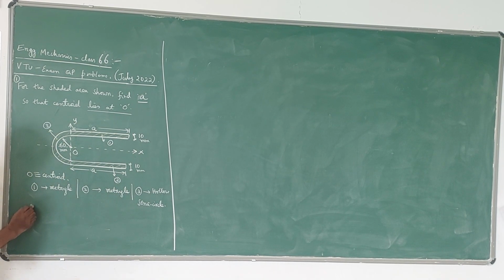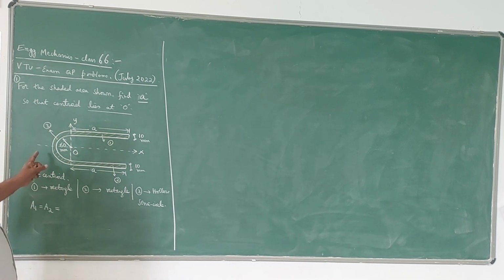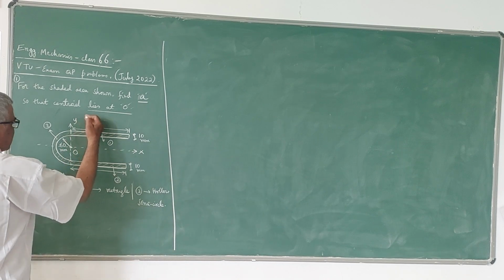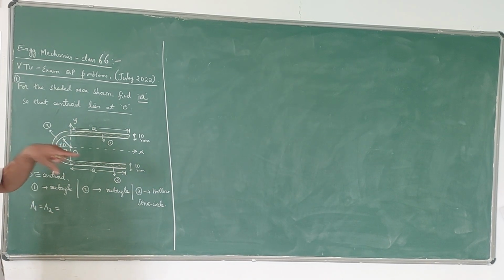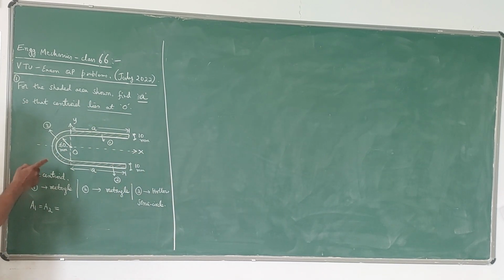So let us find out the areas of these 3, A1, A2, A3. A1 is equal to A2 here, because these two are equal rectangle areas. Now you can observe that this given figure is symmetrical about x-axis. Whatever is above the x-axis, the same thing lies below the x-axis. In that case, the centroid lies on the x-axis.